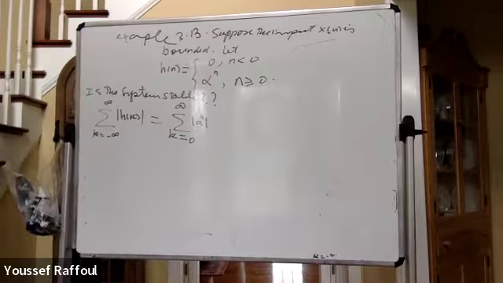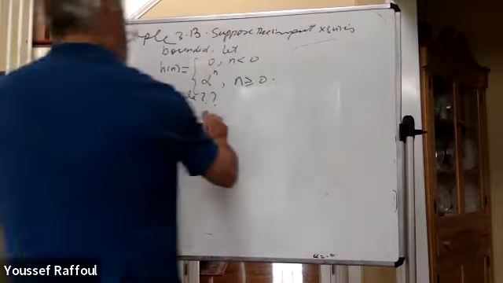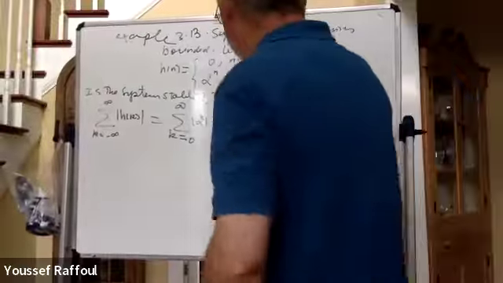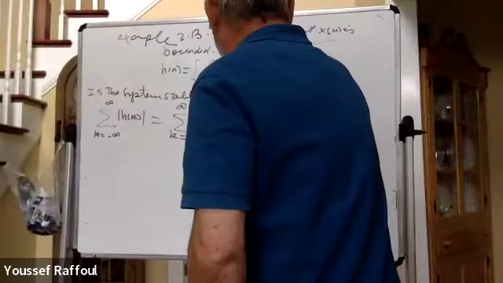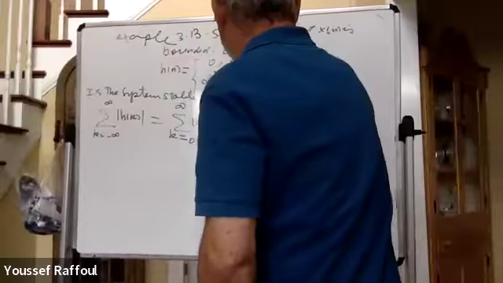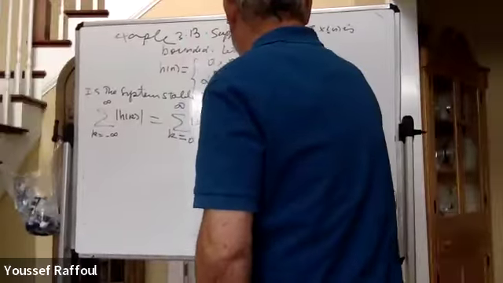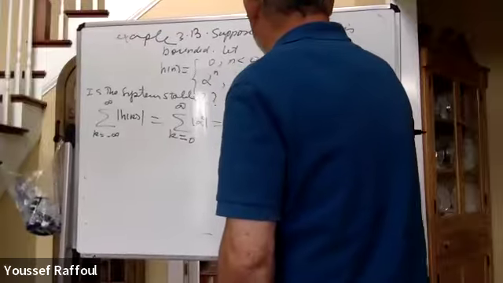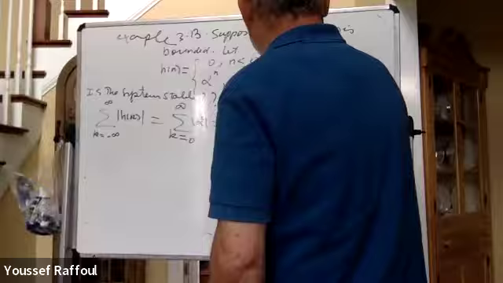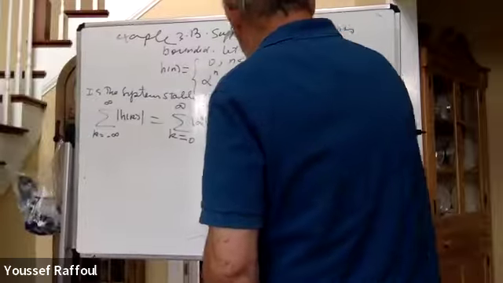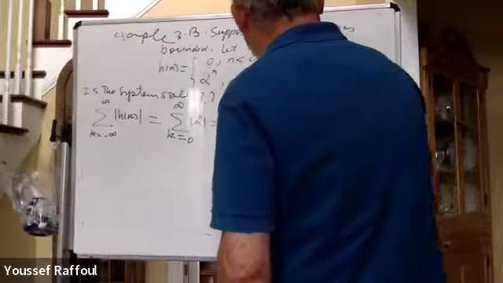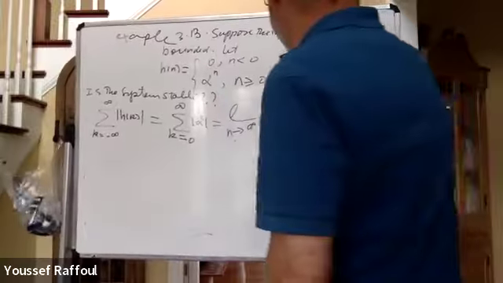And again, that is the limit as n goes to infinity of the sum from k equals 0 to n minus 1 of alpha to the k.